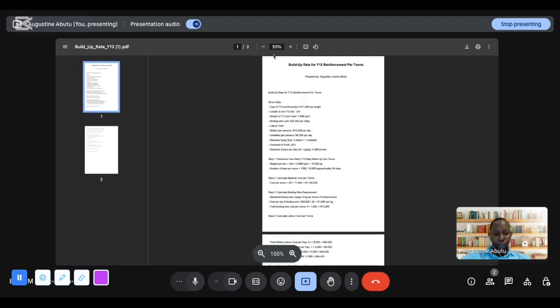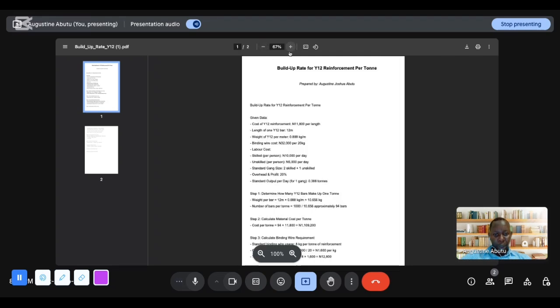Once you do that, it will give you 10.656. Then you divide the weight of a ton, which is 1,000, by 10.656. It will give you approximately 94. So it means that in a ton of Y12, we have 94 lengths.